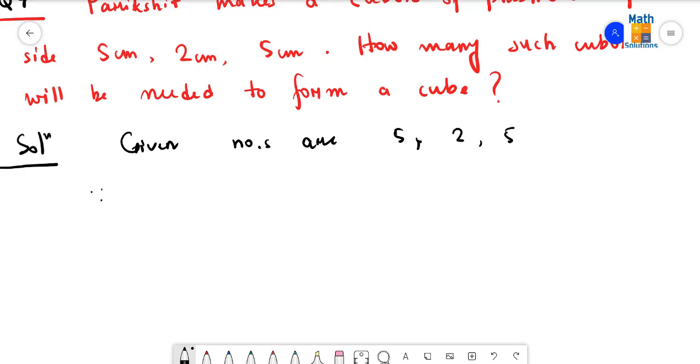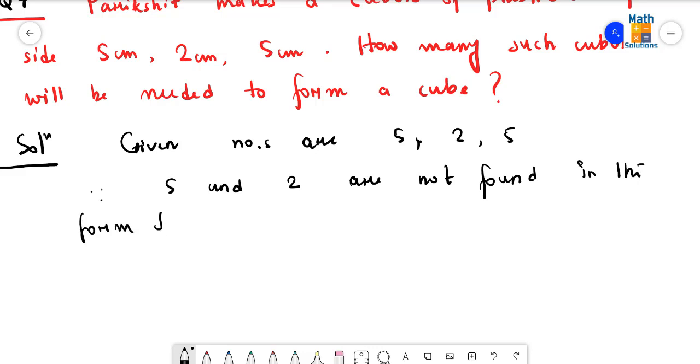Since 5 and 2 are not found in the form of triplets, means from each kind, there should be 3 5s and 3 2s.